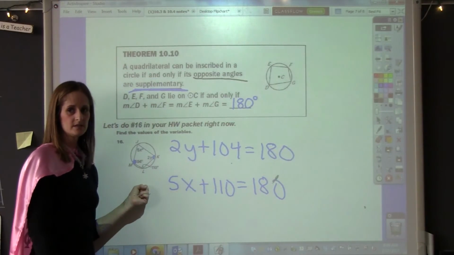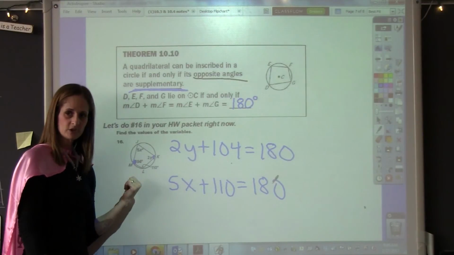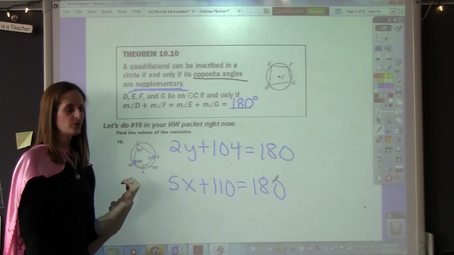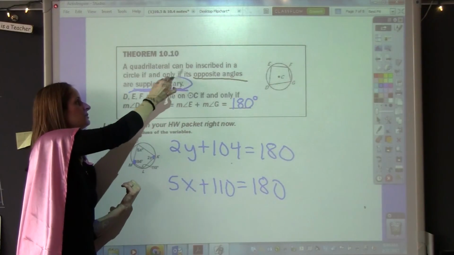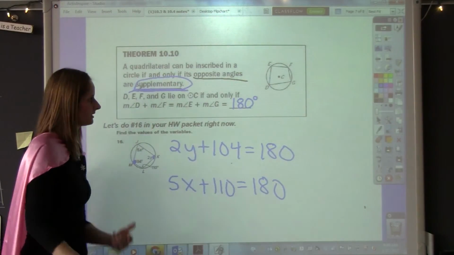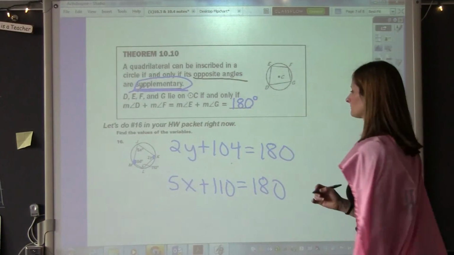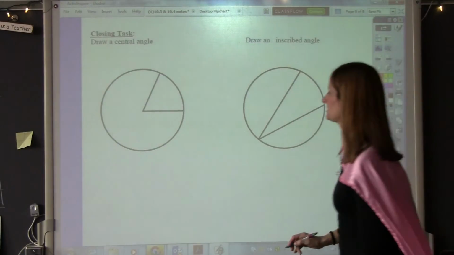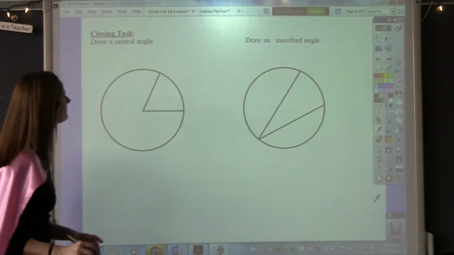This will be on your quiz. If you set them equal to each other, you're going to get it wrong. Opposite angles are not congruent. They are supplementary. I'll let you finish that in a second. I don't really care about the answer, more about setting it up.